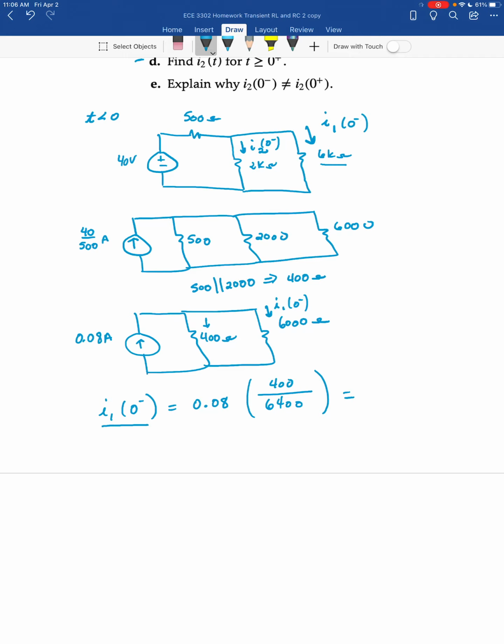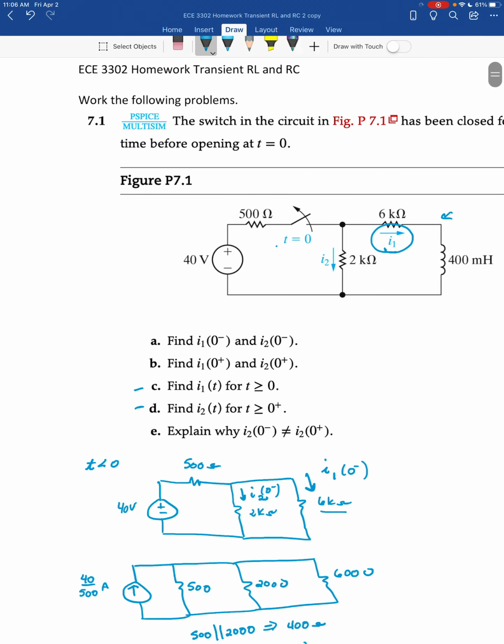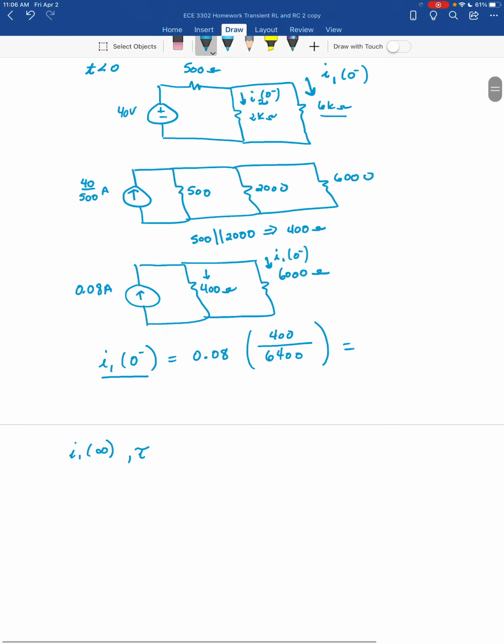Now the next thing we have to solve for, we need two more things. We need tau, and we need I1 at infinity. So first of all, let's solve for tau. For tau, we need to illustrate the circuit for t greater than 0, which means this switch is open. So what I have are these three elements in series, the 400 millihenry, the 2 kilo ohm, and a 6 kilo ohm.